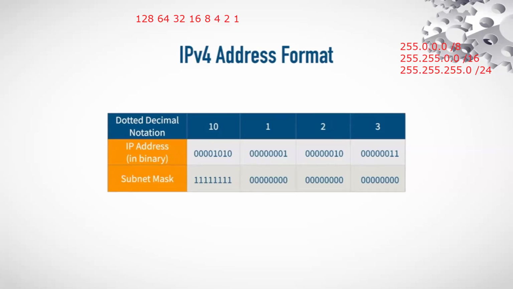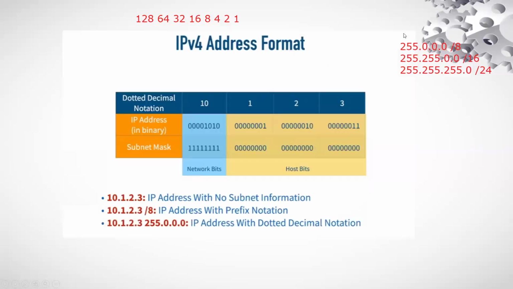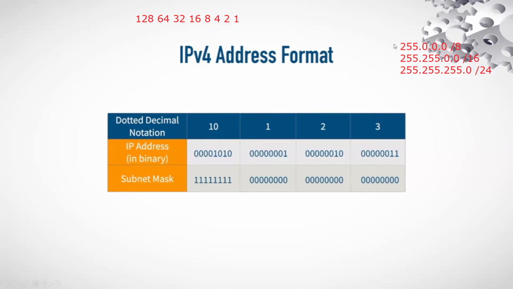Now what happens? You just consider this as a /8 subnet. That /8 subnet is 255.0.0.0. So 255 means all bits in that octet are consumed. So that subnet, you have put that value over here. So this is what is actually happening.